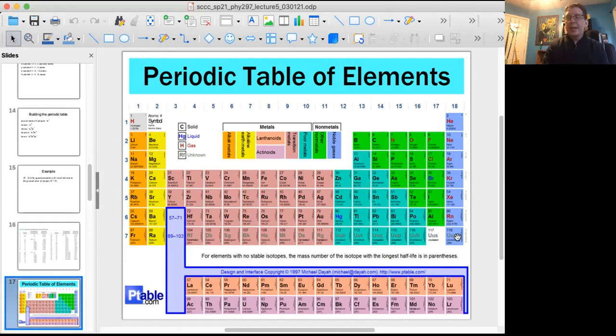Column 18 are what's called the noble gases, starting with helium, then neon, then argon, krypton, and going forward from that. They have completed p subshells, which means they don't react as much as the other elements do.